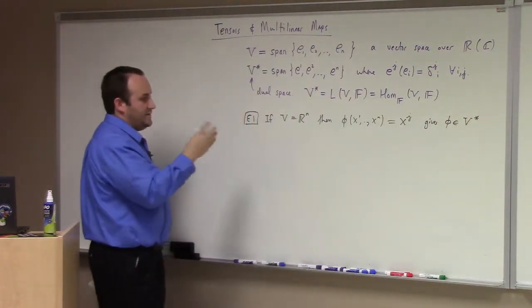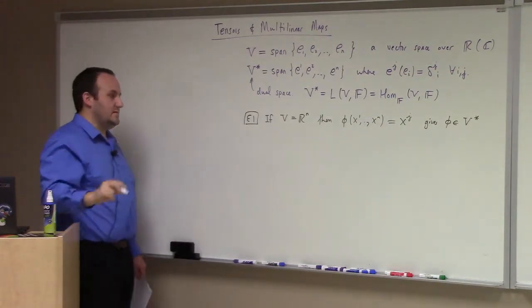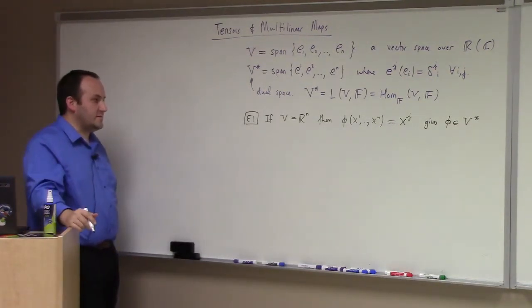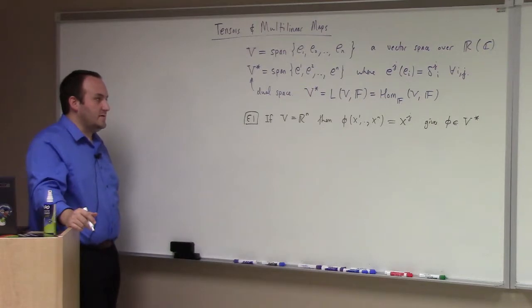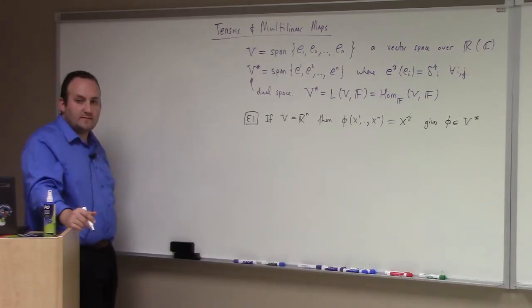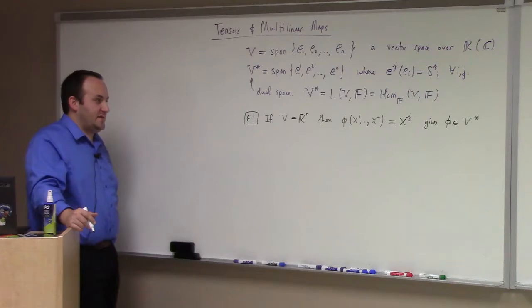So, for example, the coordinate maps are, in this sense, elements of the dual space. They're covectors. You can prove that this mapping phi is linear, right? You could define it in terms of the dot product.